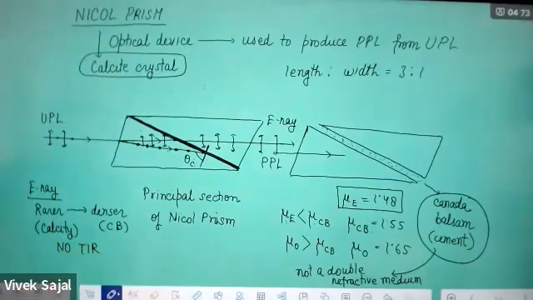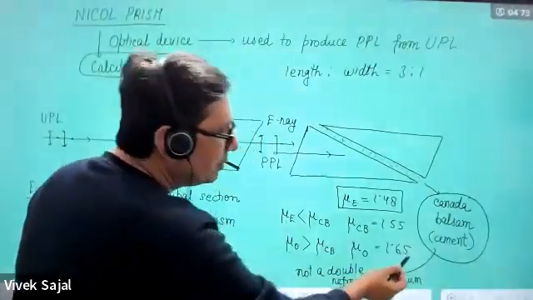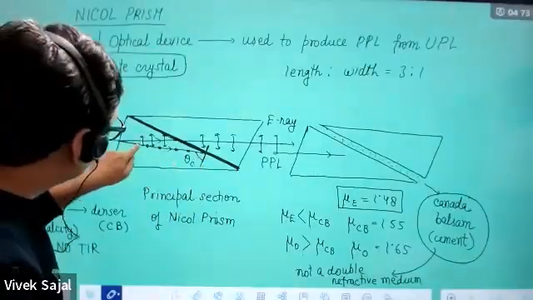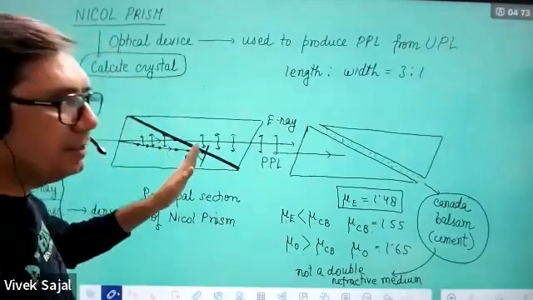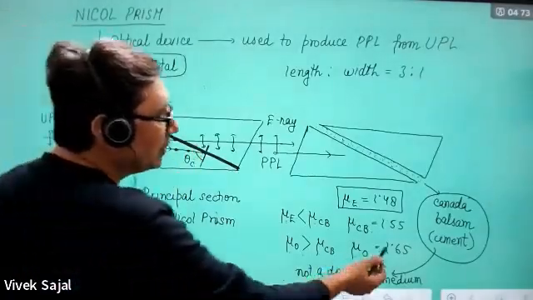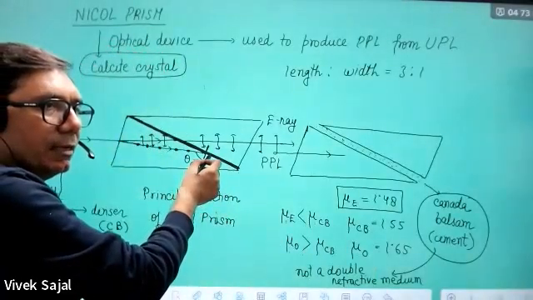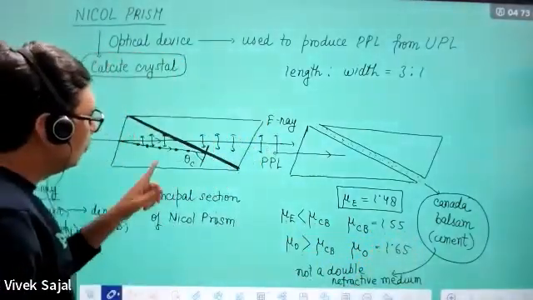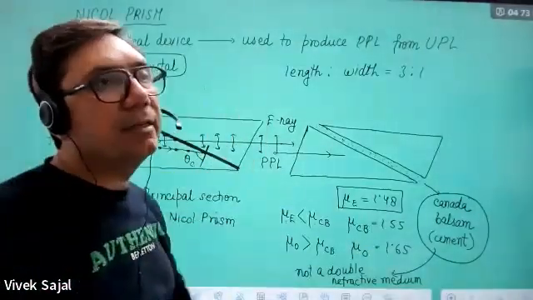But if you look at the ordinary ray, the O ray, its refractive index is 1.65. These perpendicular components of the electric vectors are propagating in this medium. When they strike the Canada balsam, whose refractive index is 1.55, the light is traveling in a denser medium and striking a rarer medium.